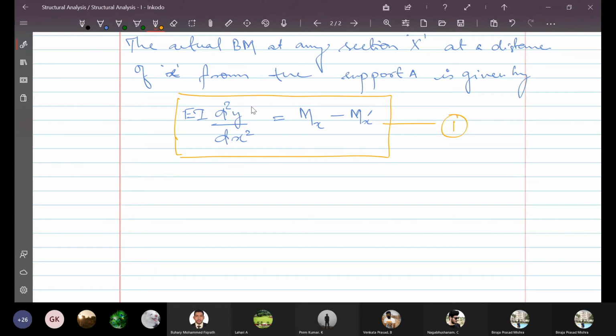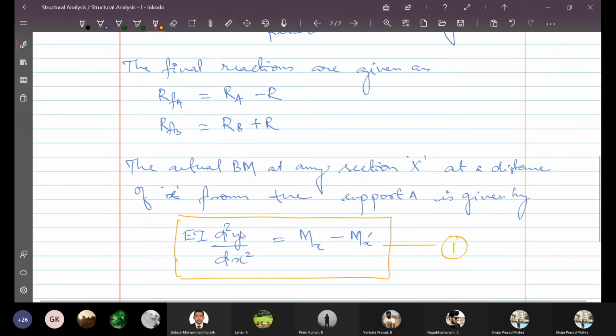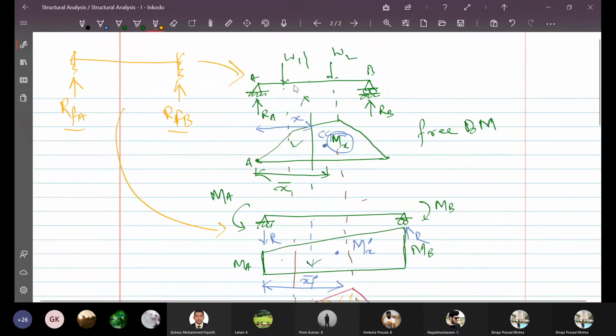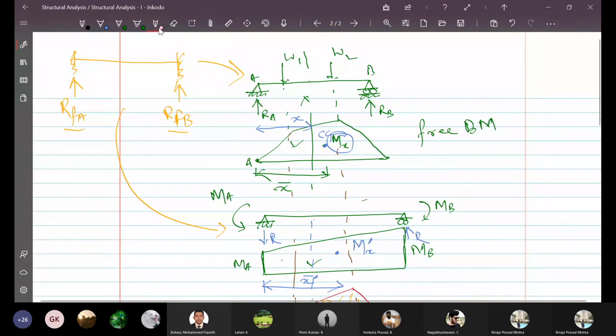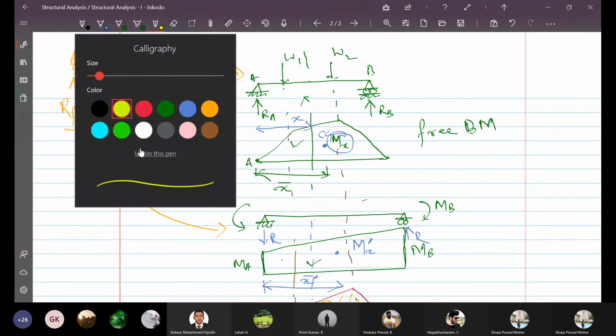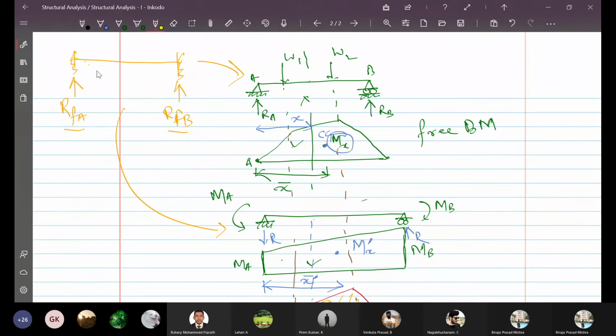Now you may ask, sir, what is this y? Y is the deflection of this beam, or deflection of this fixed beam. So when the beam deflects, it will deflect somewhat like this.